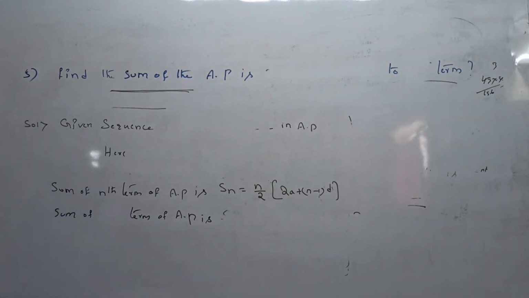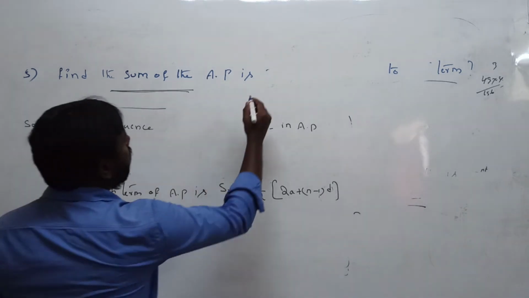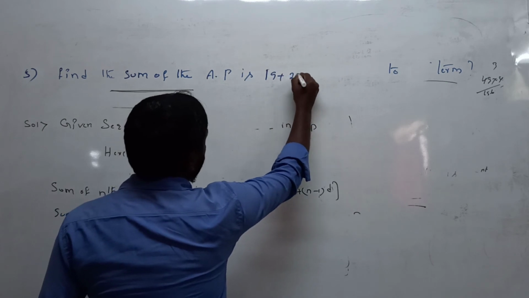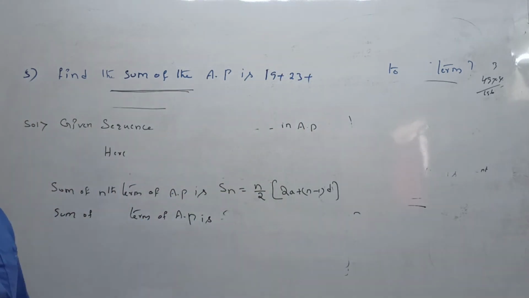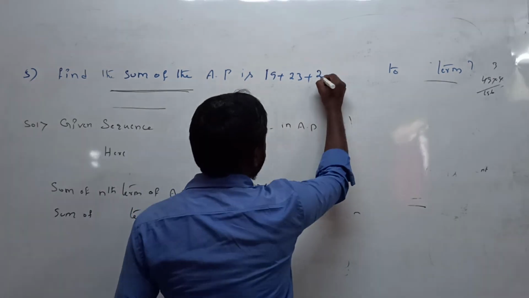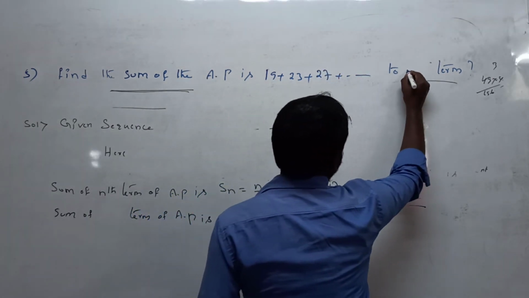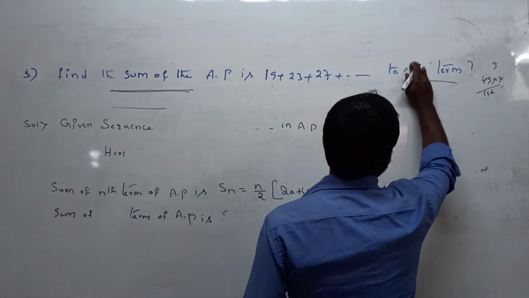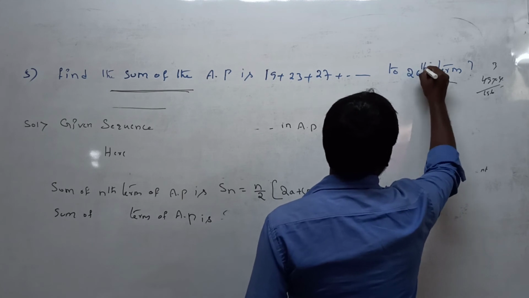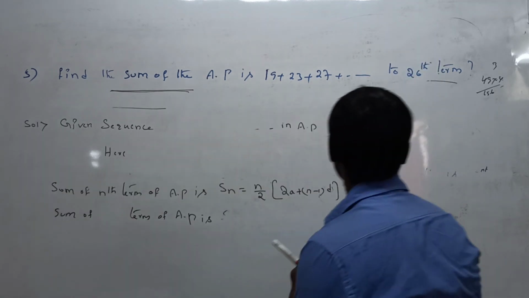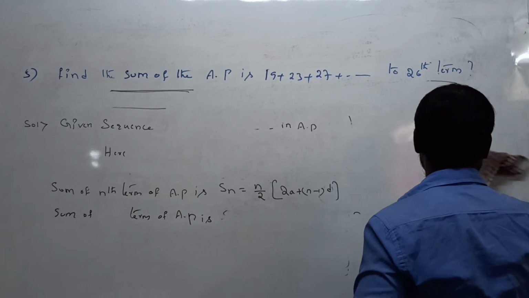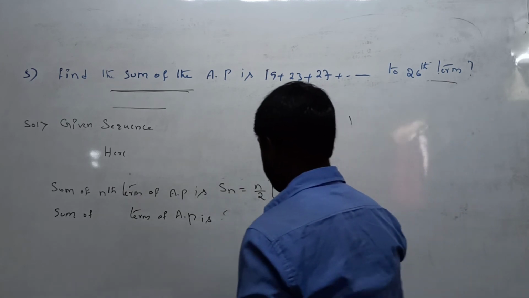Fifth question. Find the sum of nth term of arithmetic progression: 19 plus 23 plus 27 plus so on, to calculate the 26th term. To calculate the sum of 26th term is given.